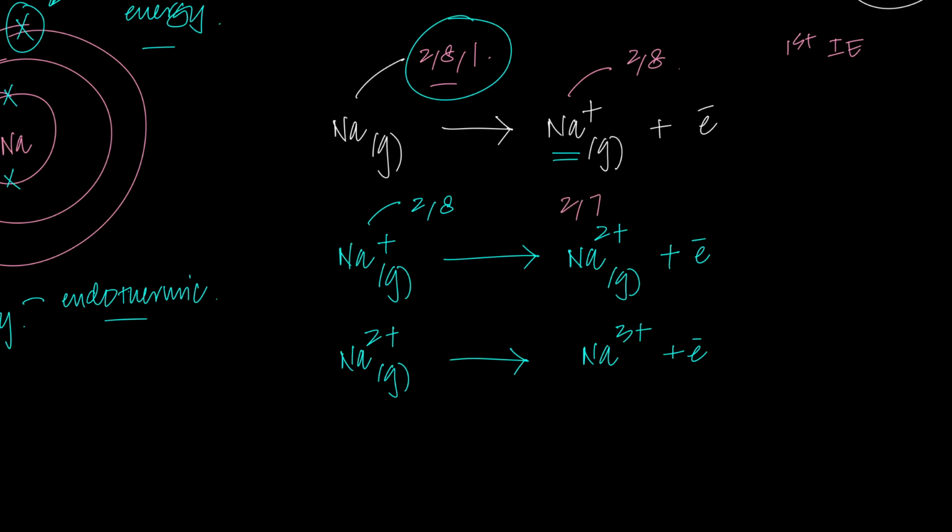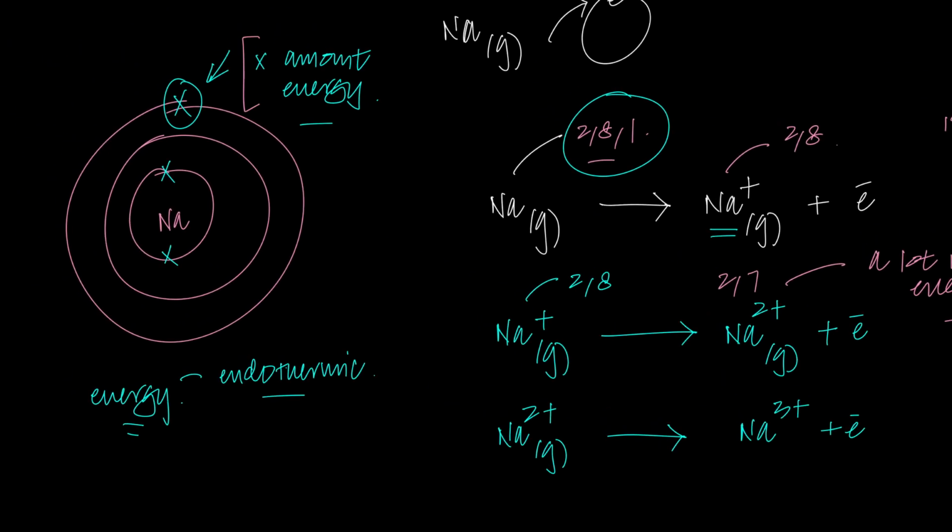He realized that this was actually requiring a lot more energy compared to the X amount of energy that we initially needed to provide. And now, as scientists, we need to dive deep and learn why the second ionization energy was way higher than the first ionization energy.